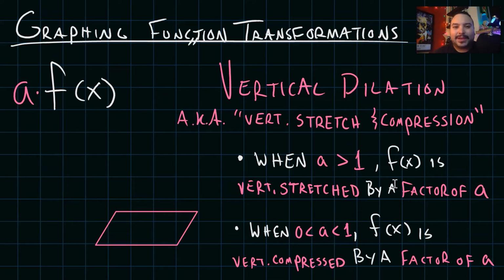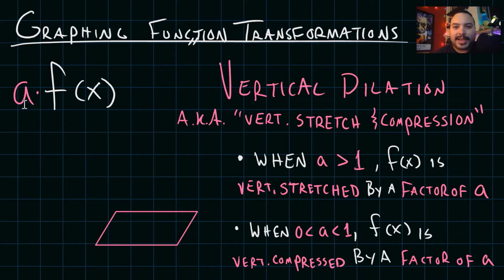So if a equals 2, for example, your graph is stretched 2 times as tall. When the value of a is a number between 0 and 1, so like a fraction or decimal that's smaller than 1 but still greater than 0, then f of x is vertically compressed by a factor of a. So for example, if a is equal to 1/2 and we have 1/2 times f of x, the graph will be vertically compressed by 1/2.